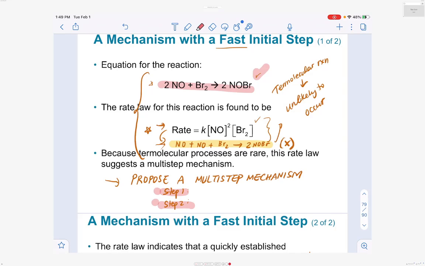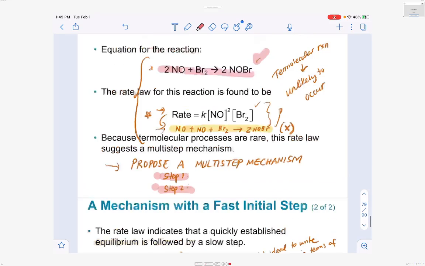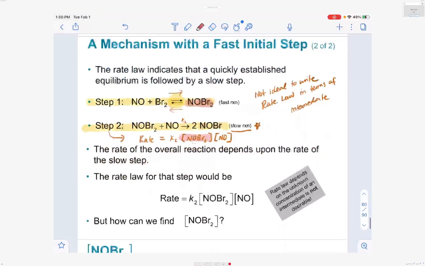All right, so we are provided with this rate law, but a termolecular reaction doesn't really make sense in real life. So we are going to propose an alternative mechanism, which is a multi-step mechanism.